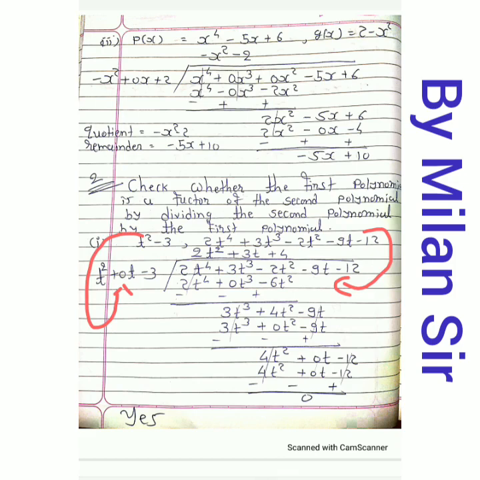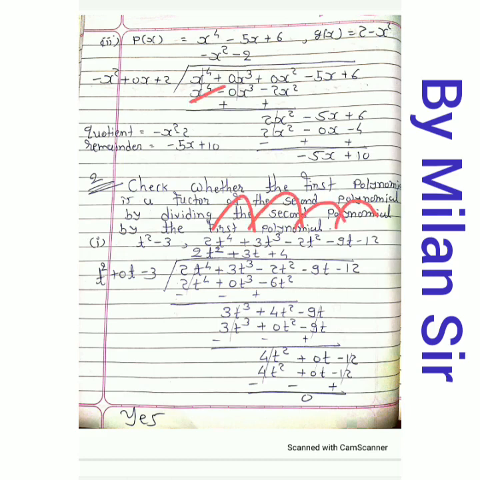Okay, again the same process that we did in the last video, sorry, in question number 1. First of all, arrange both p of x and g of x in sequence of the exponent of the variable. So here exponent 4, then exponent 3, then 2, then 1 and exponent 0.